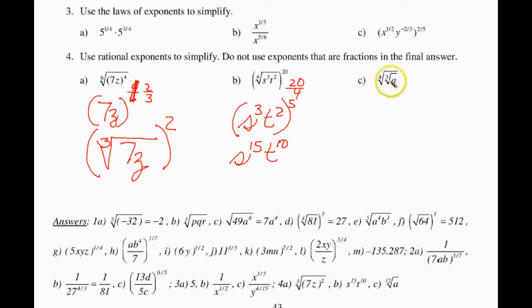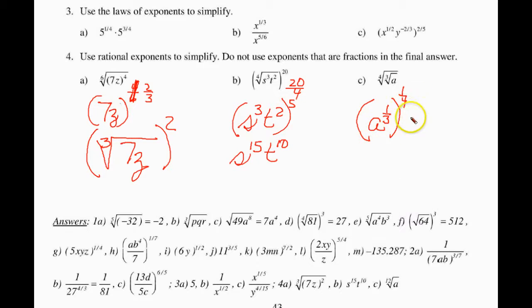And I always think these are sort of cute. And what does it mean? Well, let's go inside, which is a to the 1/3, right? A to the 1/3, yep. Put that in parentheses. And then it's the fourth root of this, which is 1/4.